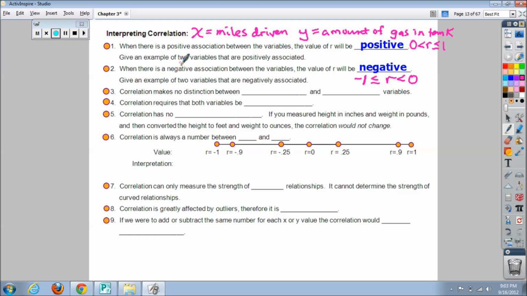So the more and more miles you drive, the amount of gas starts to come down. Because if you think about it, you start out with a full tank of gas up here and you haven't driven anything, but the longer and longer you drive, the gas in your tank's going to be coming down until you hit a point where you're out of gas, and it's the longest you've driven at that point.